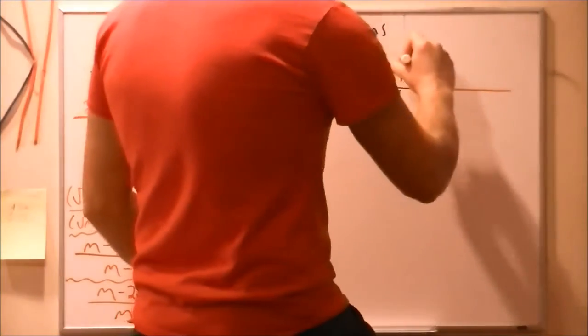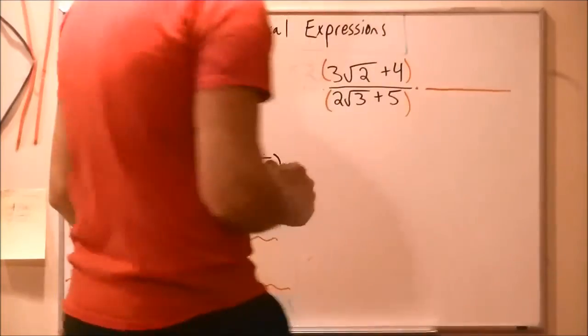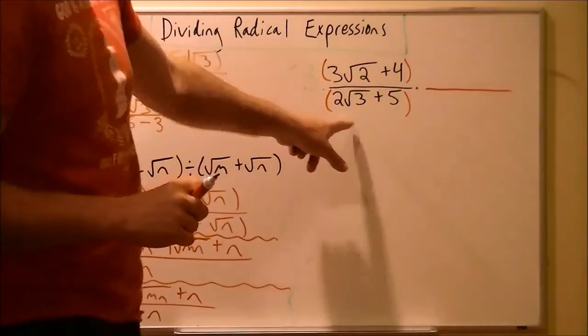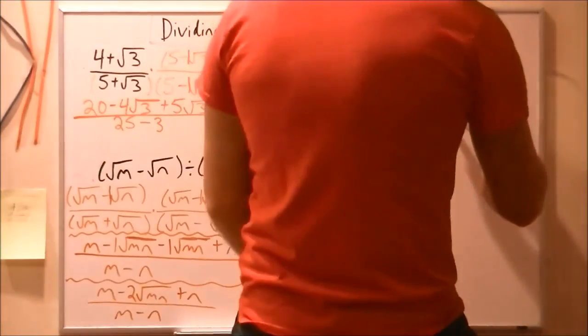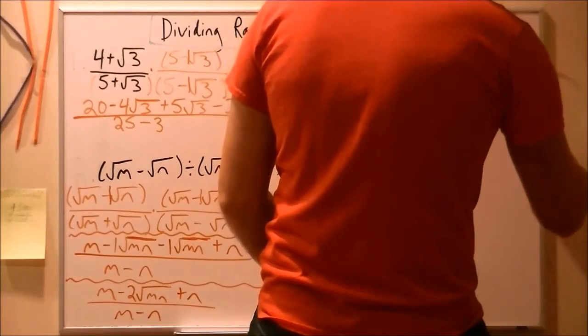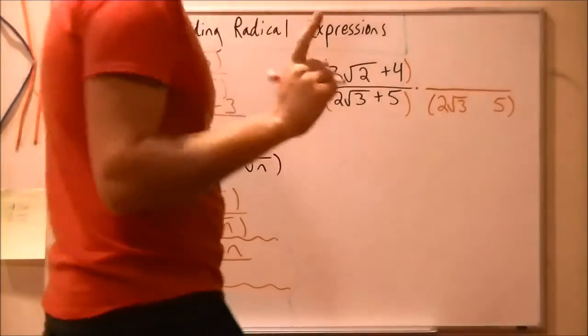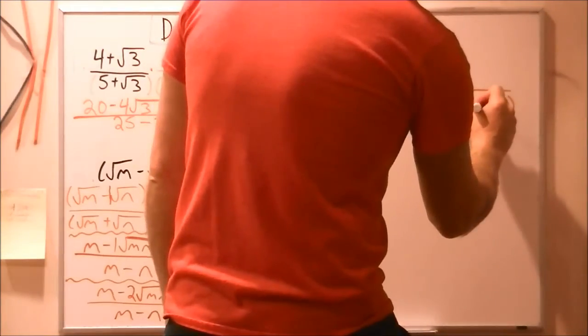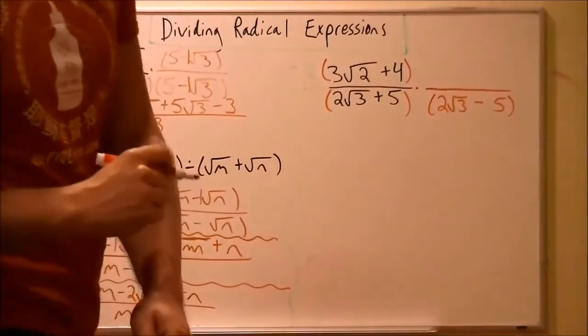I'll put parentheses around these binomials, and around my new ones. I'm just going to rewrite my denominator, the terms themselves, with the only difference being that instead of a positive sign, it has to be the conjugate, the opposite. It's going to be a minus sign.